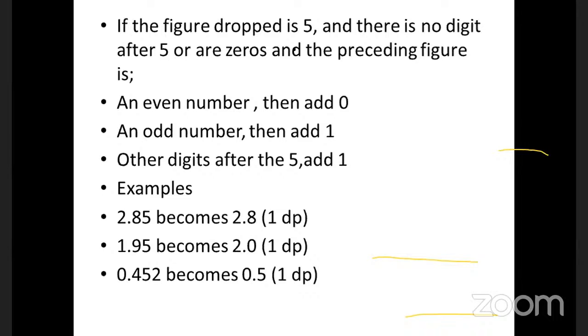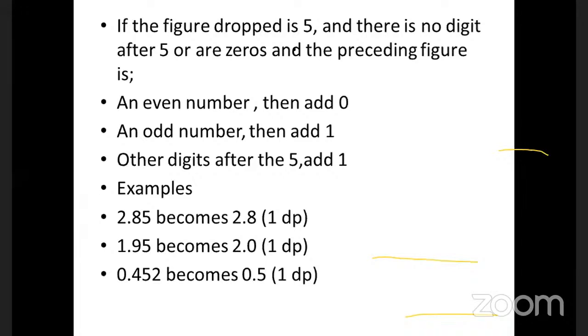There are basically five rules. If the number which is to be dropped is greater than 5, you add 1 to the preceding digit. The second one is if the number to be dropped is less than 5, you add 0 to the preceding digit. The third one is if the figure to be dropped is 5 and there is no other digit after the 5, and the preceding figure is an even number, you add 0.